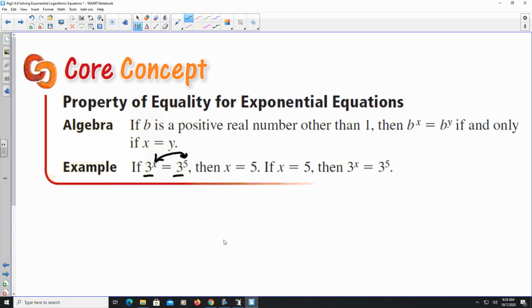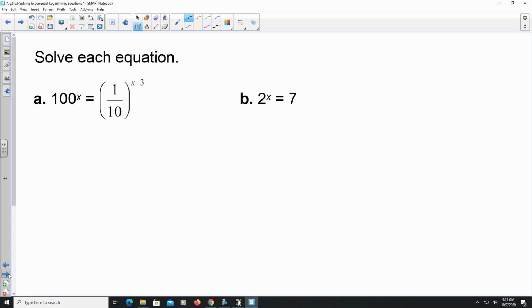It's not always going to be that simple. You may have to manipulate one base or another, or possibly both, to get that particular result for that equation. For example, part A right here, we have 100 raised to the x power equals 1/10 raised to the x minus 3 power.